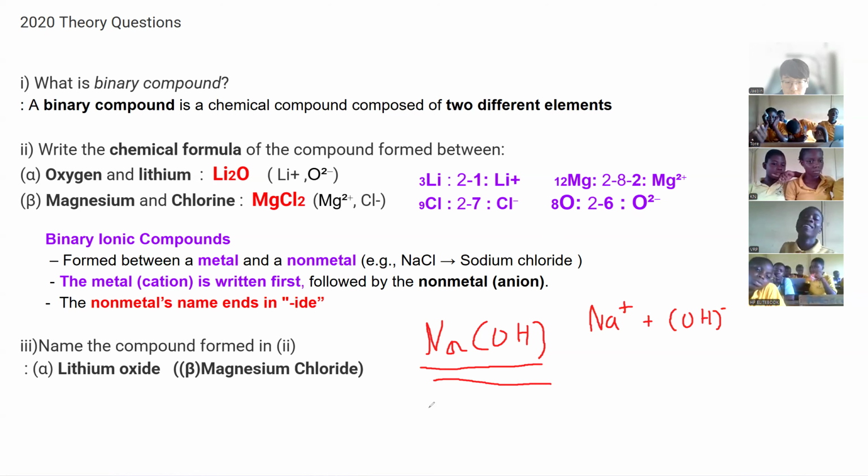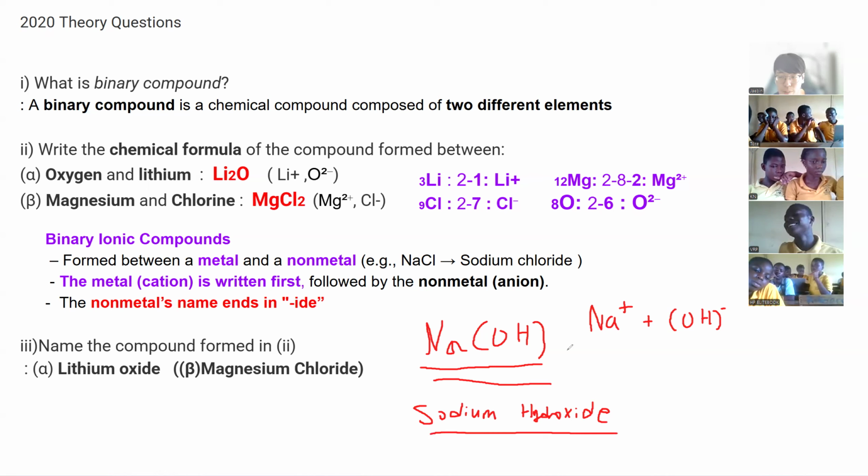And this is important to memorize. It's important to memorize that OH minus is a hydroxide ion. It's something you have to keep in your mind because it comes up in the test often.